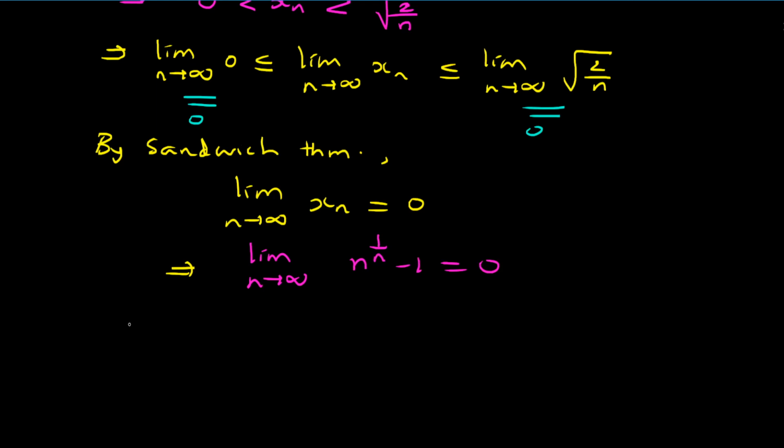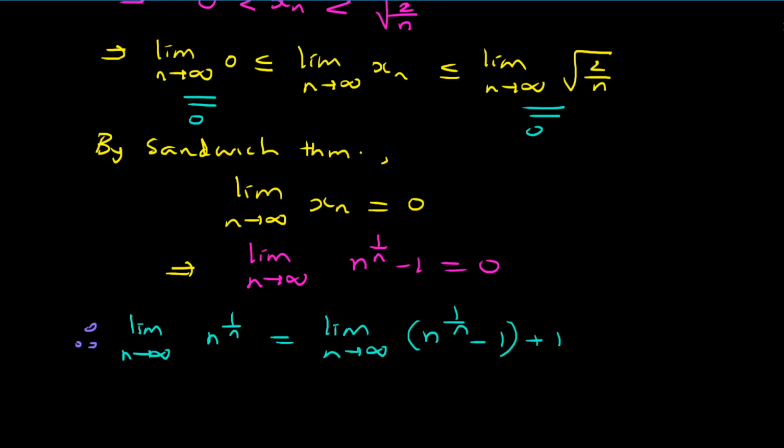So therefore I can write in the next line, limit n tends to infinity n raised to 1 upon n is equal to limit n tends to infinity n raised to 1 upon n minus 1 plus 1, and I can write like this. So I can express this sequence as sum of the two sequences, this and this. And on using working rules, limit of xn plus yn is equal to limit of xn plus limit of yn.